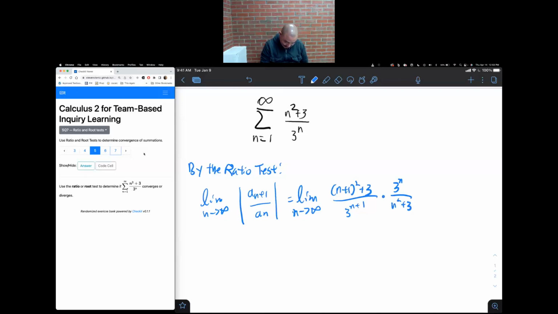I'm just going to briefly rewrite this on a new line: the limit as n goes to infinity of n squared plus 2n plus 4 over n squared plus 3, times 3 to the n plus 1 over 3 to the n.